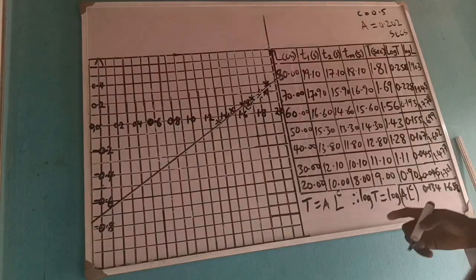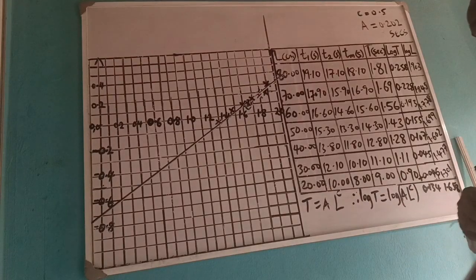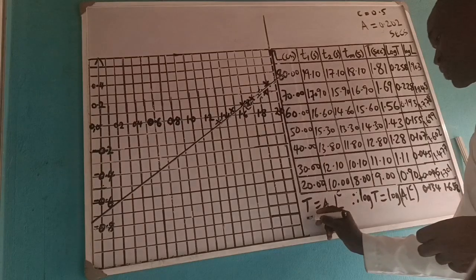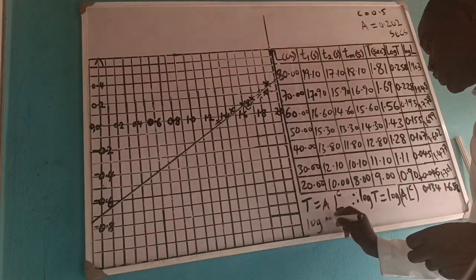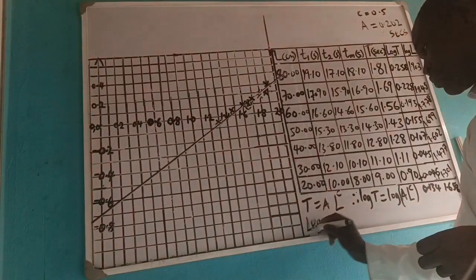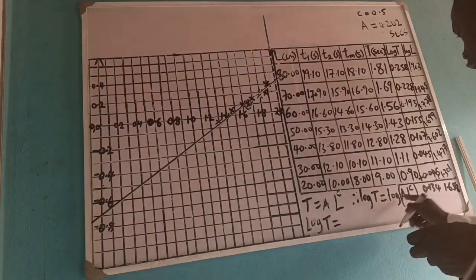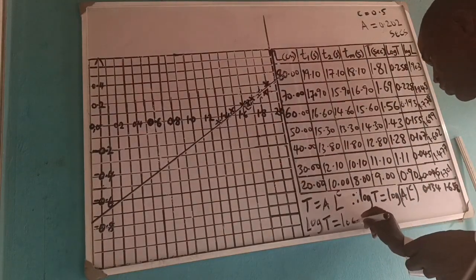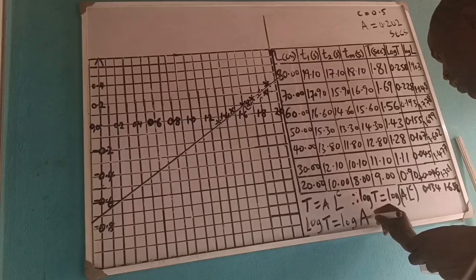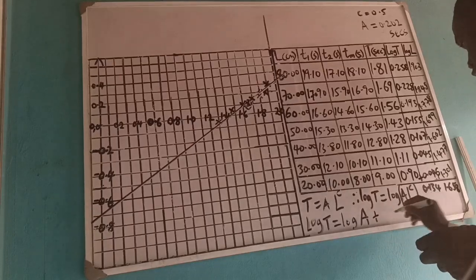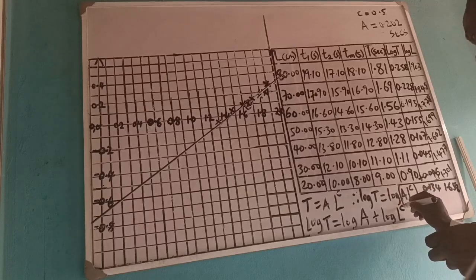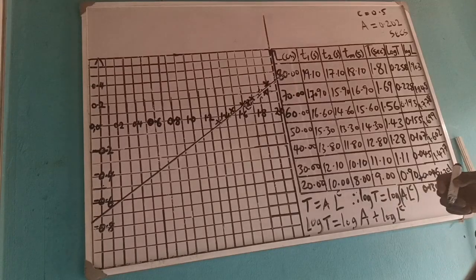Then applying the addition law of logarithm, log T will be equal to log of A plus log of L raised to power of C. That is how you split it.